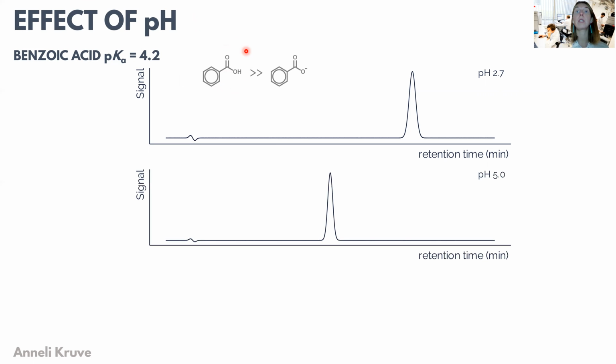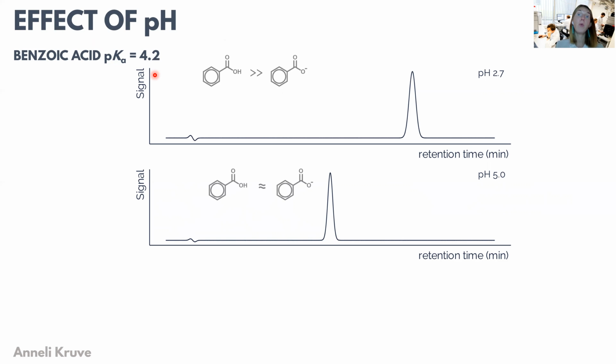Let's, for example, say that we increase the pH of the water phase to pH 5. pH 5 is now slightly above the pKa, and within the pKa plus minus 1 pH unit.